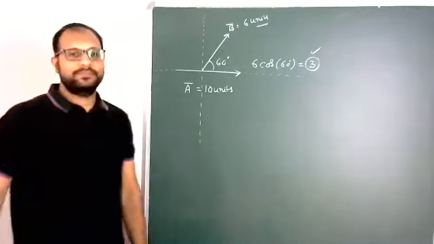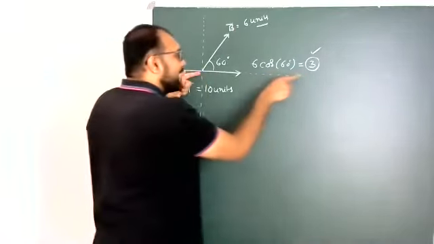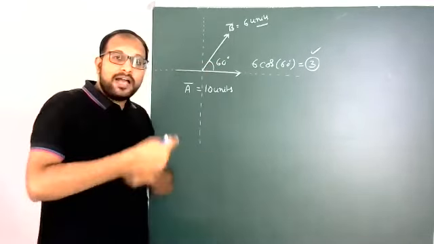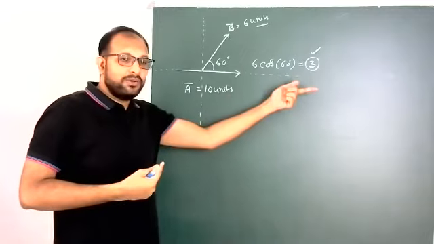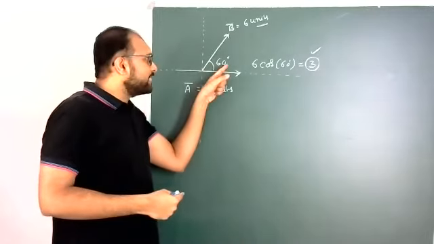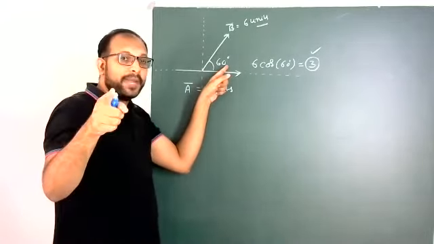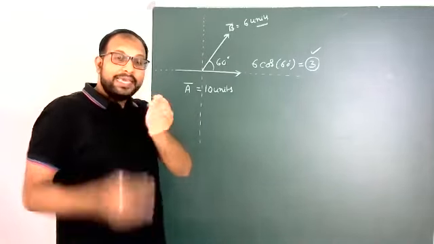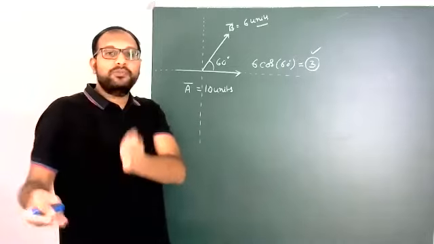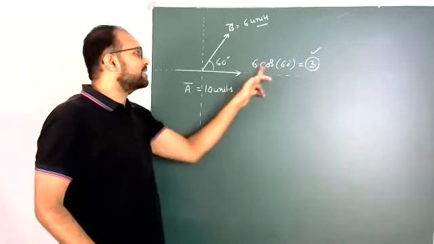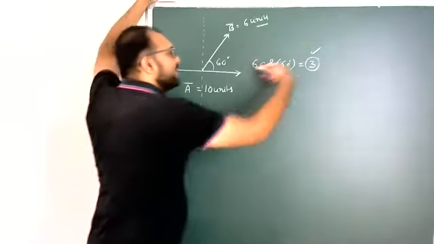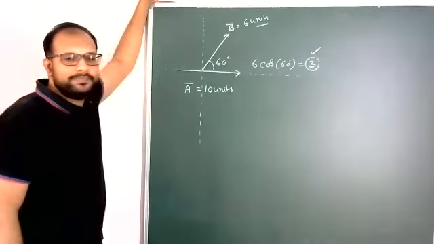That is the meaning. So with this line, what is the angle? 60. Cos of that angle, as previously explained. So cos 60 is 1 by 2, into the magnitude of the vector which is going to be resolved. Which vector? That is B bar. That's why 6 cos 60 is 3. So now, students, this component is completed.